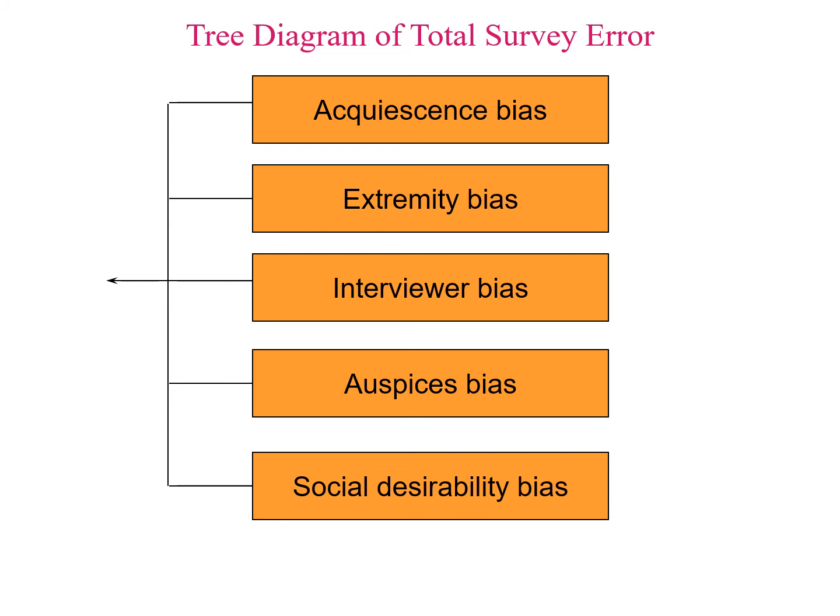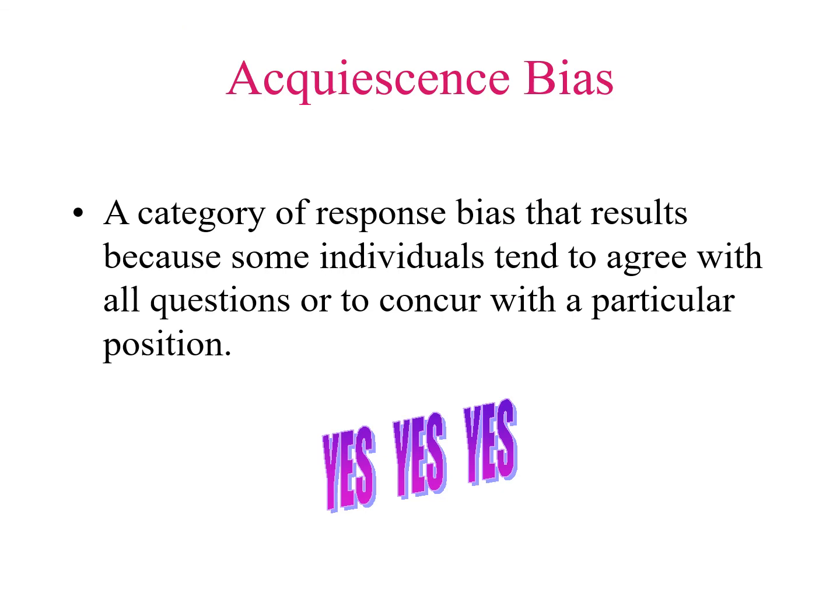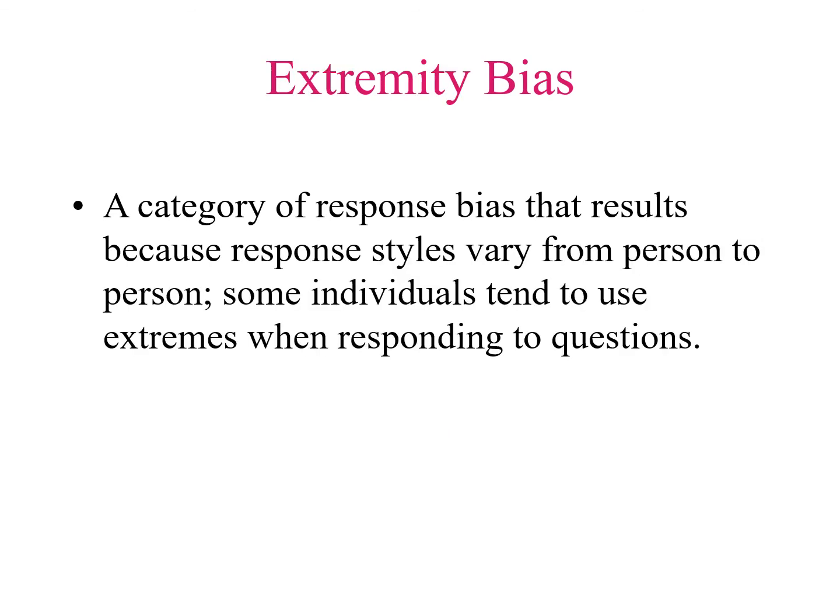Acquiescence bias is a category of response bias that results because some individuals tend to agree with all questions or to concur with a particular position. You might have seen that sometimes respondents just say yes, yes, yes on every question they are asked. Extremity bias is a category of response bias that results because response styles vary from person to person.